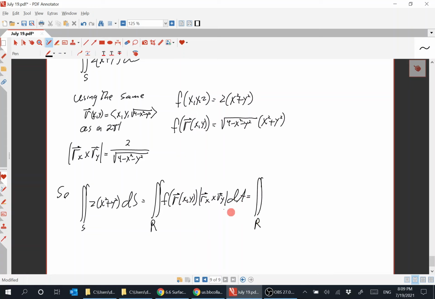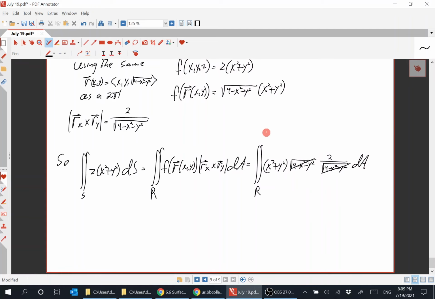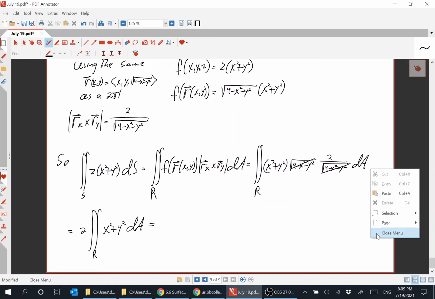So the double integral over R of x squared plus y squared times the square root of 4 minus x squared minus y squared, times this cross product length, dA. So those cancel. So we get 2 times the double integral over R of x squared plus y squared dA, where R is, again, the circle of radius 2.